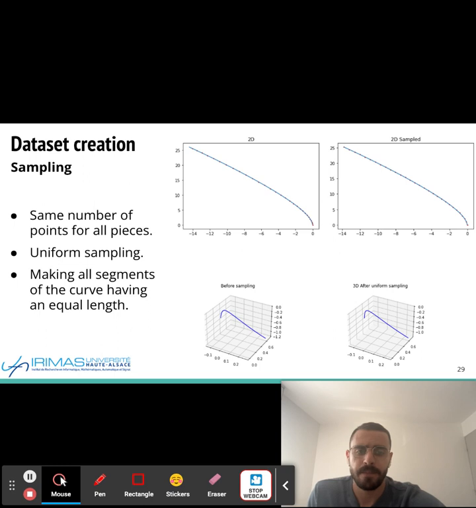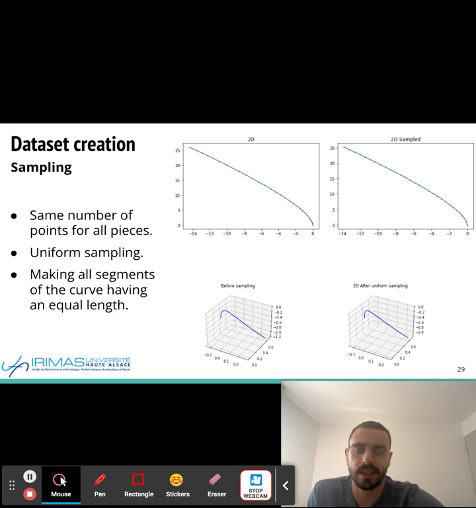So the next step, when we have to search for the closest matched segment for each input curve segment, is based on the 2D Fréchet distance between the input curve and the orthogonal projection of our dataset segment. To do so in a good way, we require both the input curve segment and the dataset segment to have the same number of points uniformly sampled at regular intervals along the arc length.